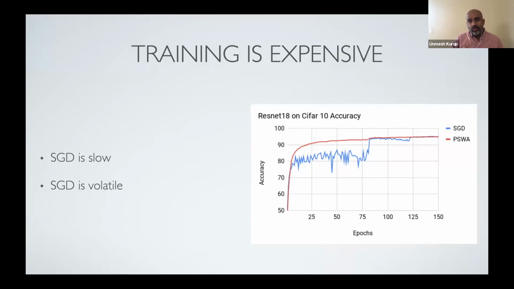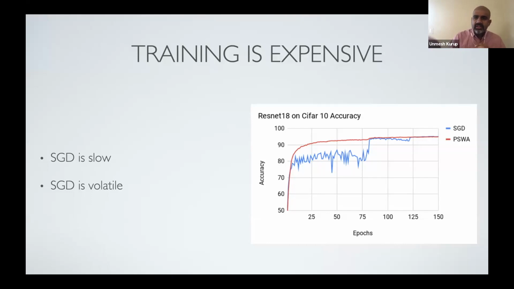But the moment you crank up the learning rate, the volatility really goes up. And so this slide is sort of the takeaway slide, in that we're going to talk about techniques where you can turn up the learning rate, making SGD and variants of SGD faster.